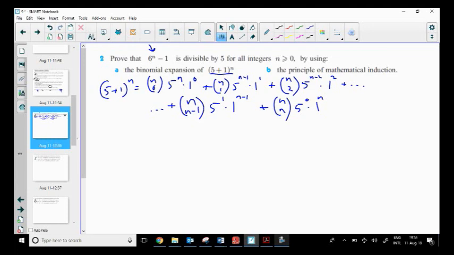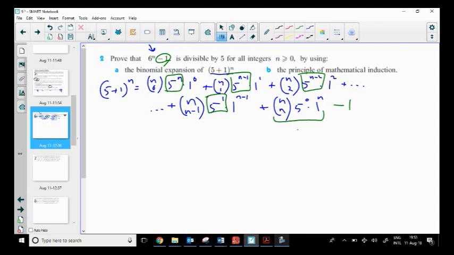That's my binomial expansion. And if I look at these, I notice that every single one of them has a factor of 5 somewhere in it, except for this last one, because that's 5 to the power of 0. But if I were to subtract 1, because that was the problem right there. Wait a second, isn't that exactly what this term is?